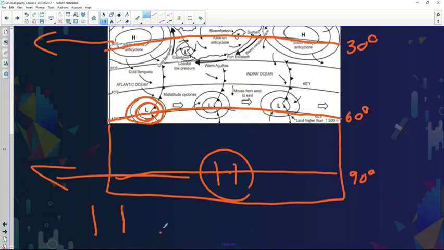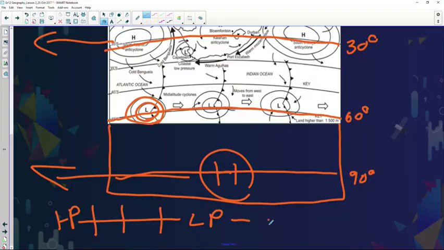Now, when the isobars are far from one another, keep in mind, air moves from a high pressure to a low pressure. It's the same as in map work. When the contour lines are far from each other, it's usually a gentle slope. Now, in this case, when the isobars are far from one another, we can say it's gentle winds.